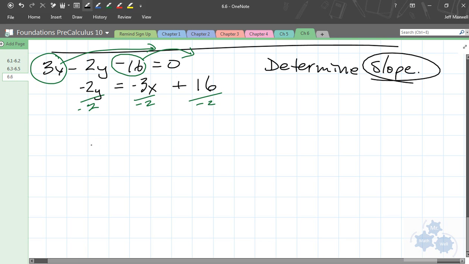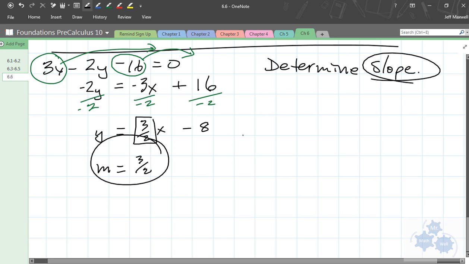And I'm going to come up with here, y equals 3 over 2 x minus 8. This is now in slope-intercept form. And what is the slope? Slope is 3 over 2.